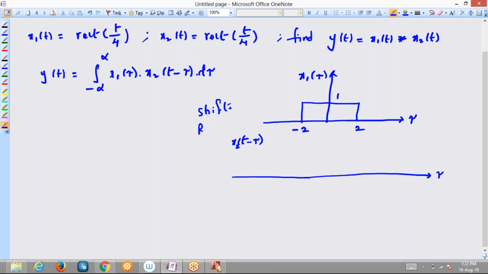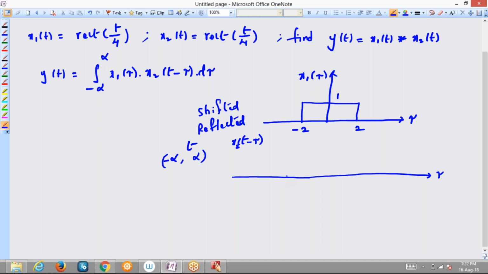So the shifted signal: this x2 of tau is equal to x1 of tau. Here the shifting constant t can be from minus infinity to plus infinity. We can consider different possible cases for this t.